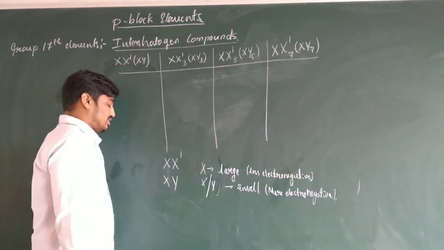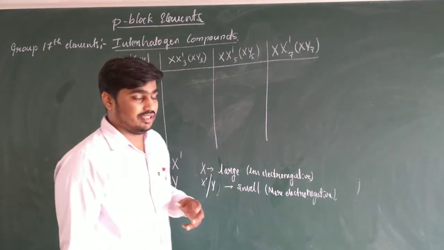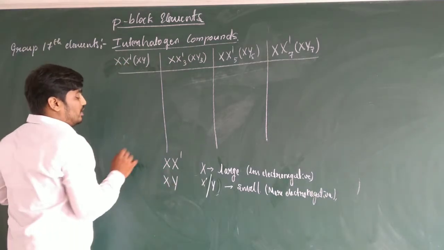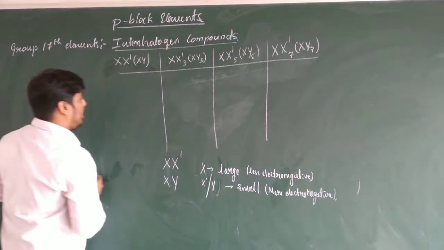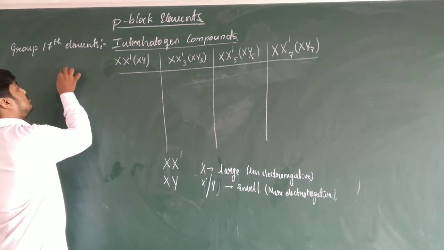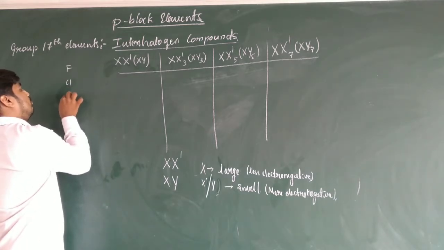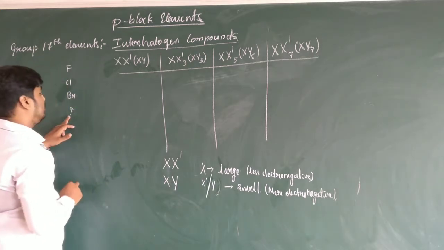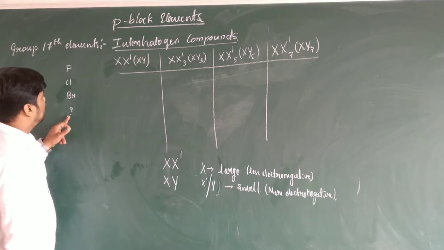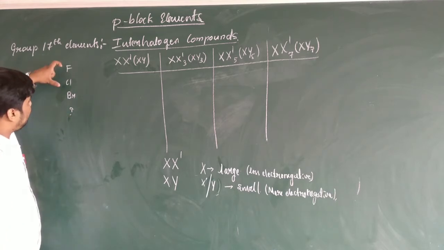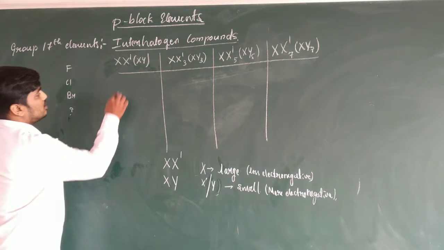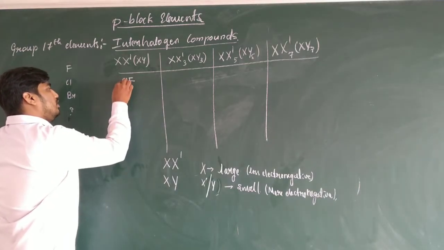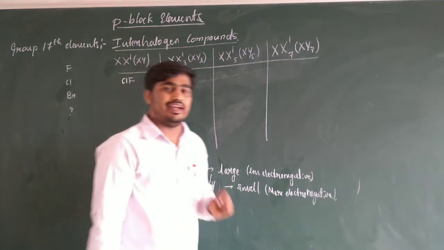Let us study what interhalogen compounds there are. The first one, XX dash, considering the large halogen. The halogens start with chlorine, bromine, and iodine. Here the largest one is iodine, and when we compare these two, chlorine is bigger in size. ClF, chlorine monofluoride.